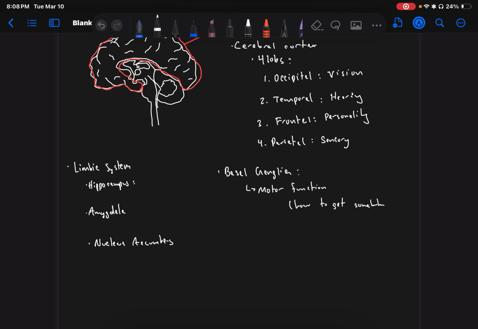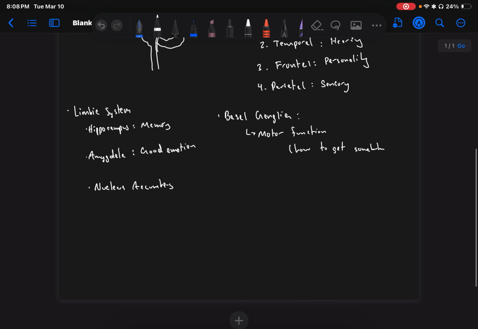The hippo is memorizing lessons. It's memory. Amygdala. Amy is glad. She is feeling good. This is good emotion. Nucleus accumbens. Accumbens, you accumulate accolades, accumulate reward.